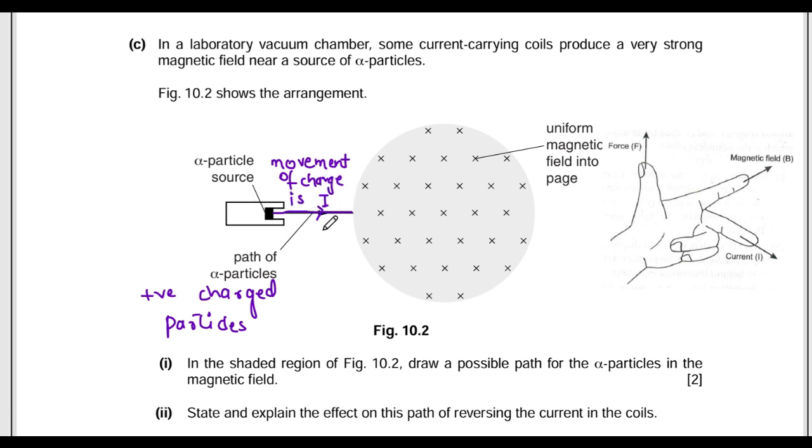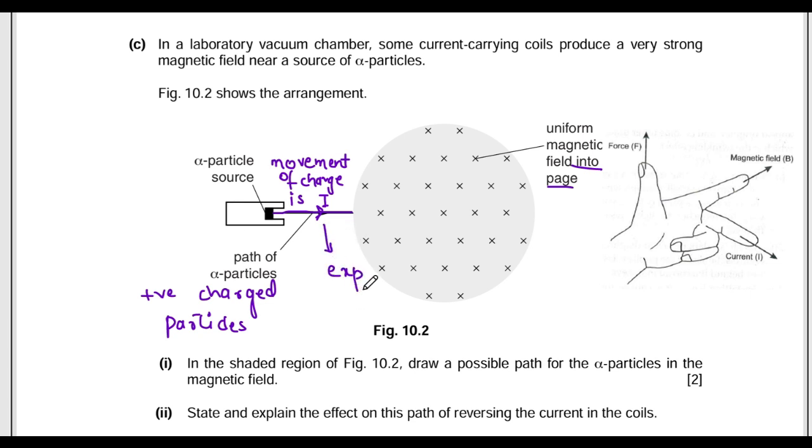So this is the movement of current, and there is a very strong magnetic field acting into the page, that means towards the screen of your computer or mobile. When current is flowing inside a magnetic field, it will experience a force of deflection.